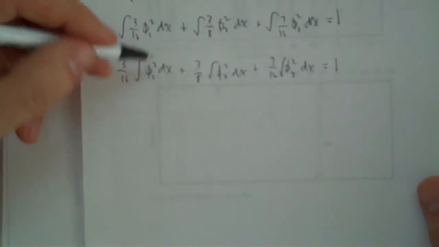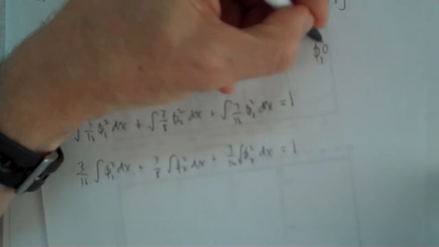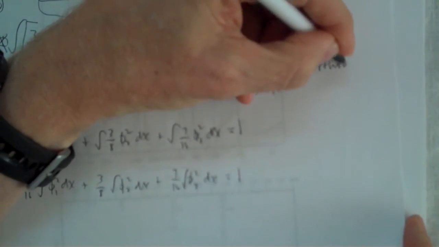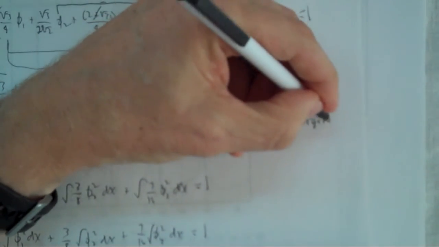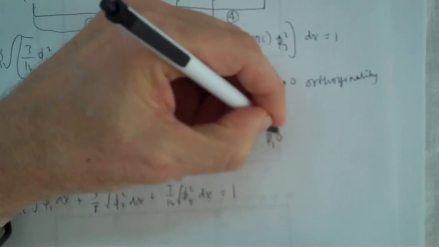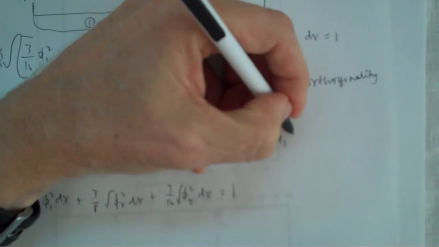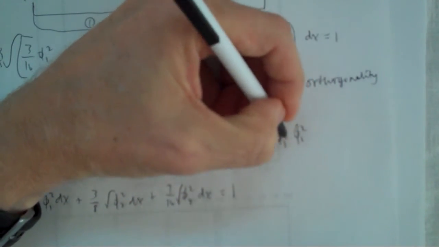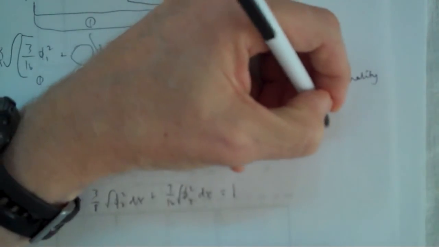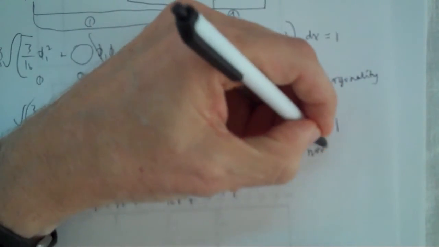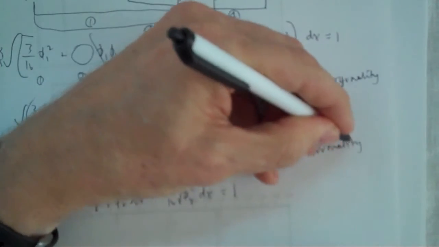All right, now, since it's now in time, we got rid of phi 1, phi 2 terms. They went to 0 because of orthogonality. Okay? But phi 1 squared terms, that is going to equal 1 because of normality. Okay?